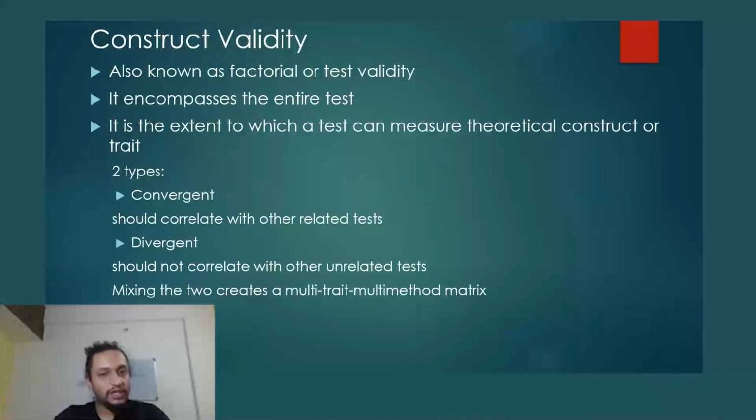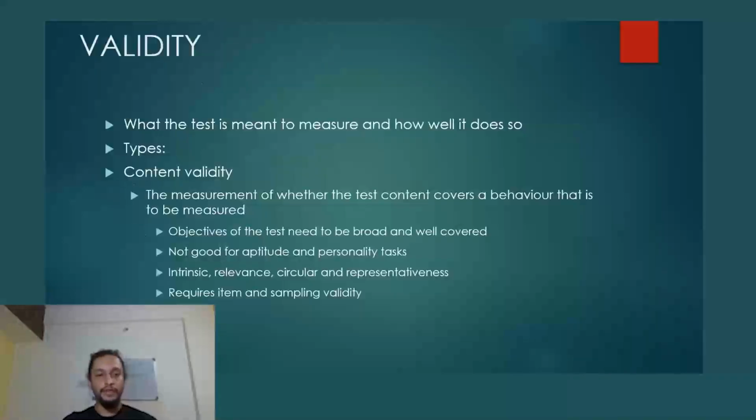Then you have construct validity. This is also known as factorial or test validity. This is the entire construction of the test in terms of how valid the test is to measure a theoretical construct or a trait. In content validity, the item should be able to measure the objective of the test.